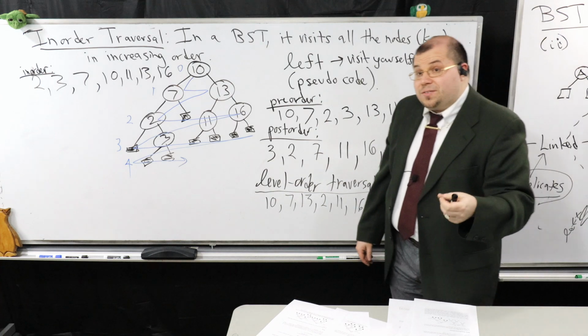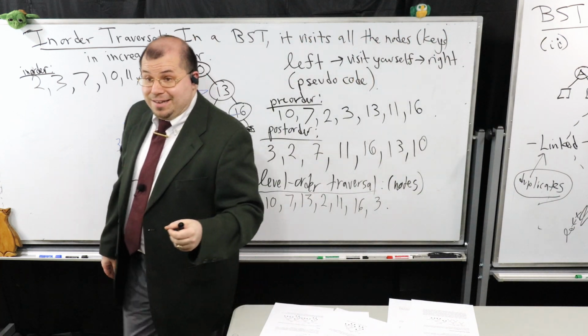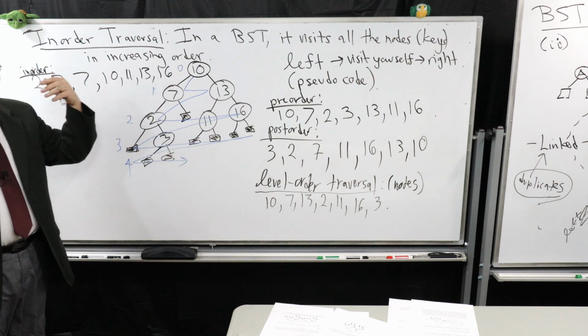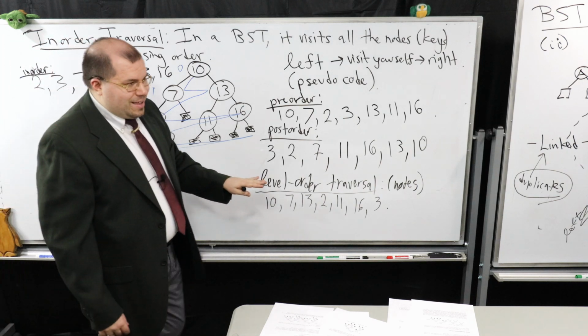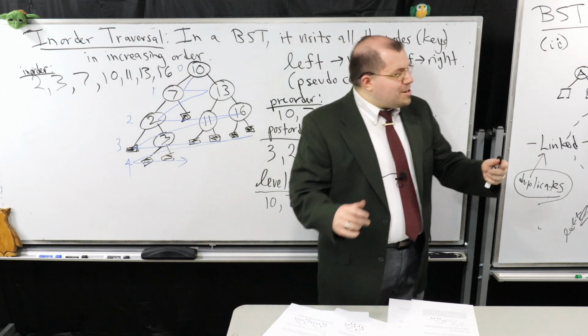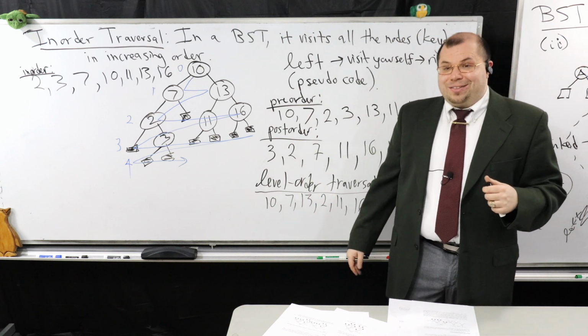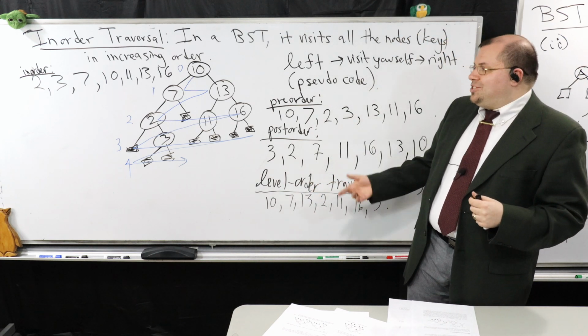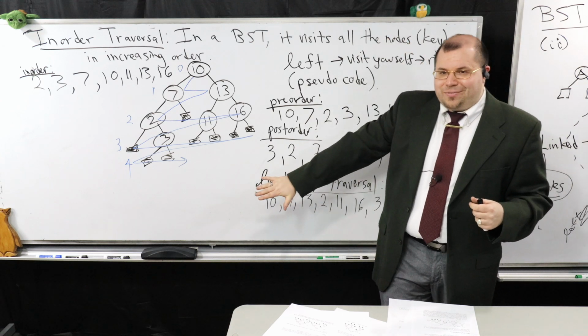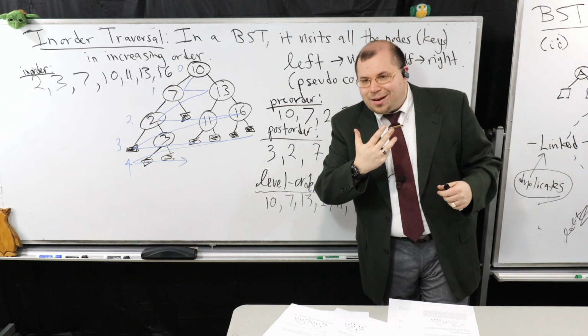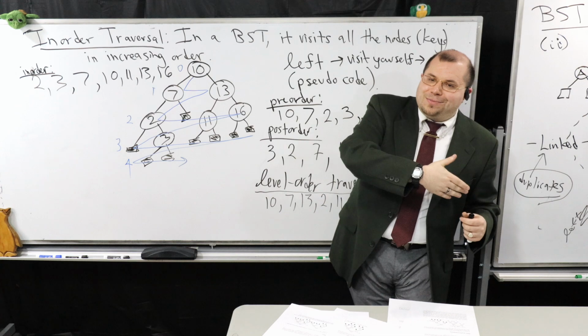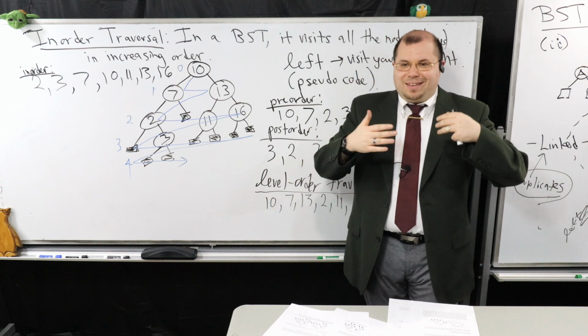So I'll have a recursive call that happens on the left child if it exists. After I come back from processing that recursively, because I'm just handing off all that work to some other recursive call of in-order that is simply taking care of the left, I go to myself, and then I go right. It's just left, myself, right.